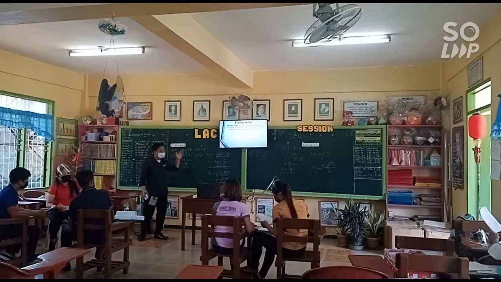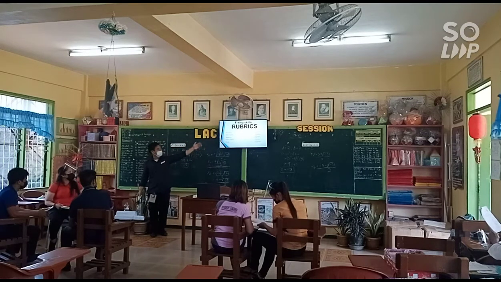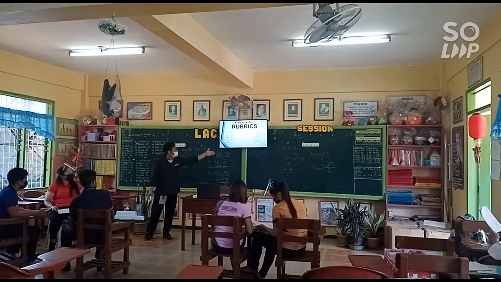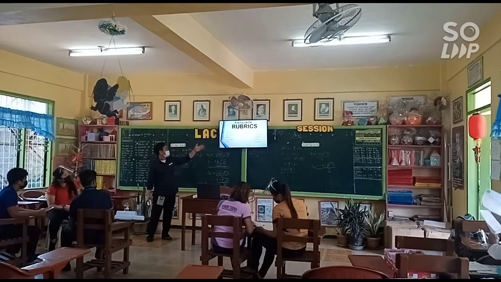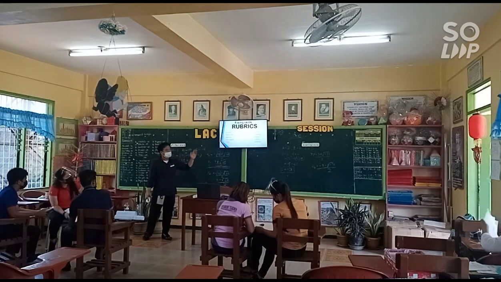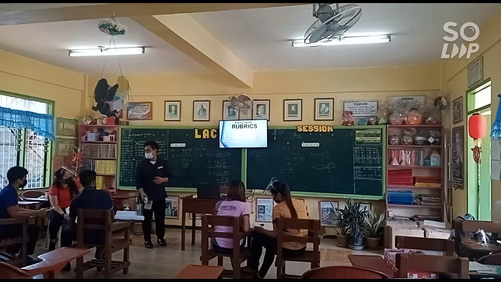I will be grading you by these rubrics. Accuracy is 5 points, application is 5 points, neatness is 5 points, and participation is 5 points. So, overall, you will get 20 points.